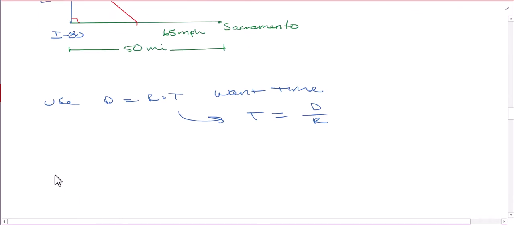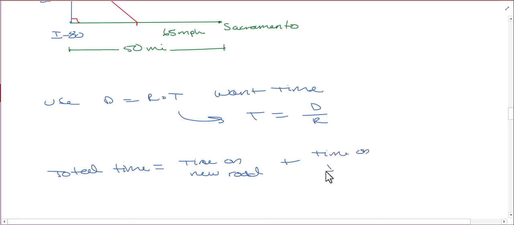So our total time, which we know is time on the new road plus time on I-80, is going to be distance over rate. Solve for time, distance equals rate times time. So the time on the new road is going to be the distance of the new road divided by the speed on that new road.